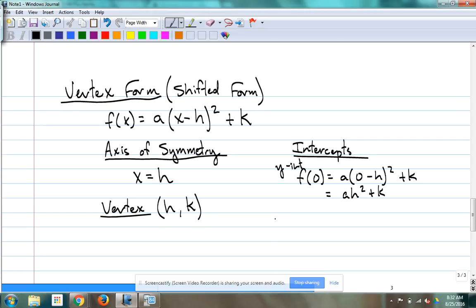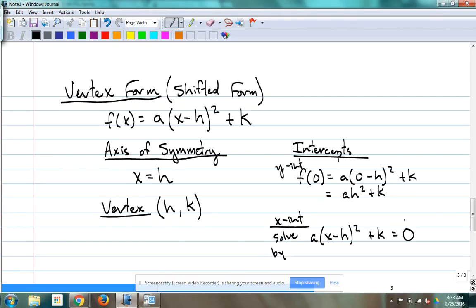To get our x-intercept, factoring and quadratic formula are not an option on this because it's not in standard form. We need a, b, and c to do quadratic formula. To do factoring, we need it to be a trinomial, right? So those are not the options on this. So you would want to set the whole thing equal to 0 and solve it.